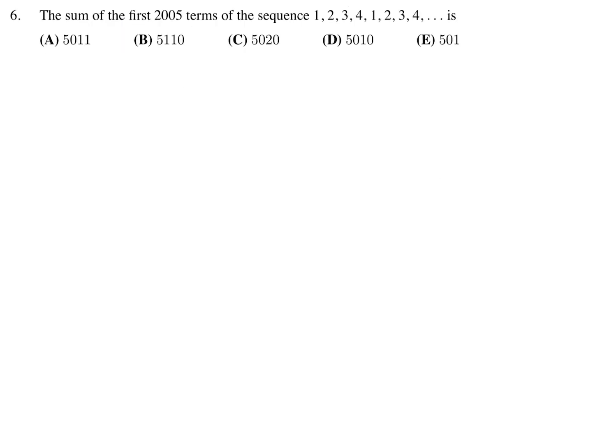The sum of the first 2005 terms of the sequence 1, 2, 3, 4, 1, 2, 3, 4, and so on, is... Okay. So we've got 1, 2, 3, 4, 1, 2, 3, 4, and so on, and they're saying there are 2005 terms.